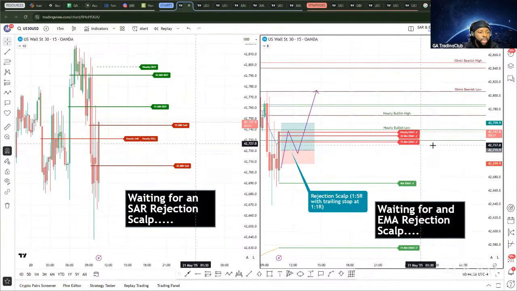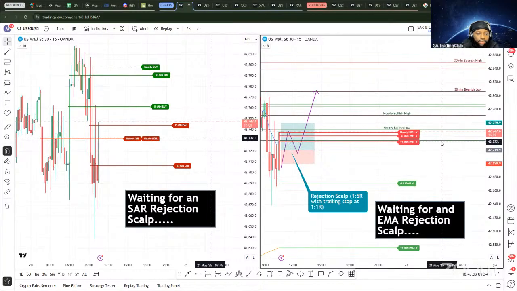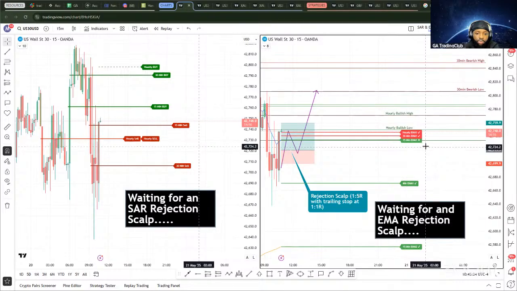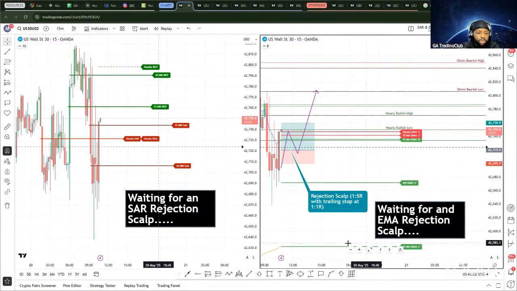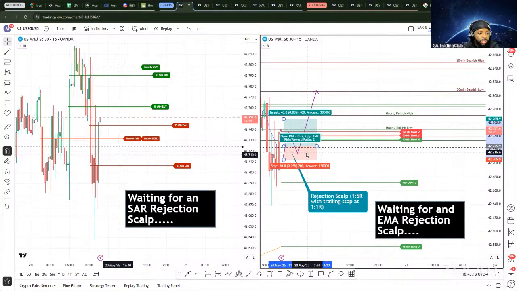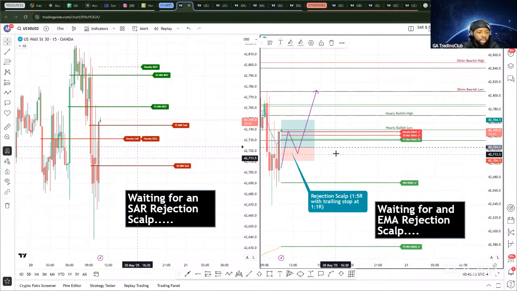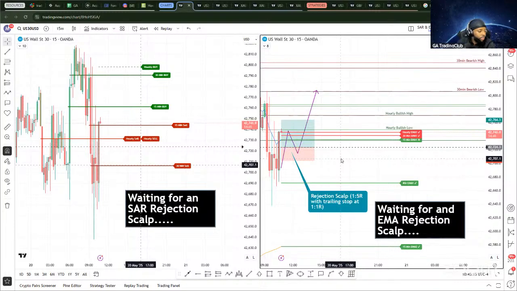Okay, EMA. 732. So 734, 724.1. So this will be the 10-point entry right here, 724.1. That will be the 10-point entry.